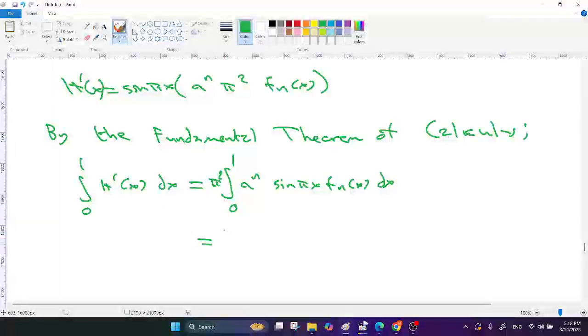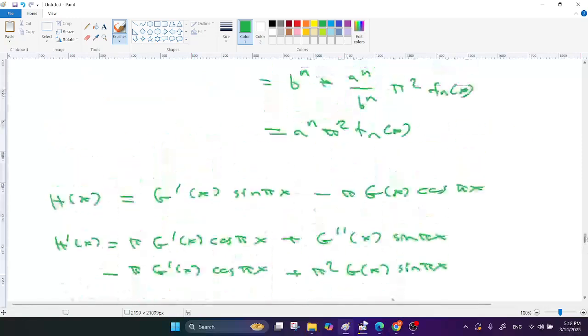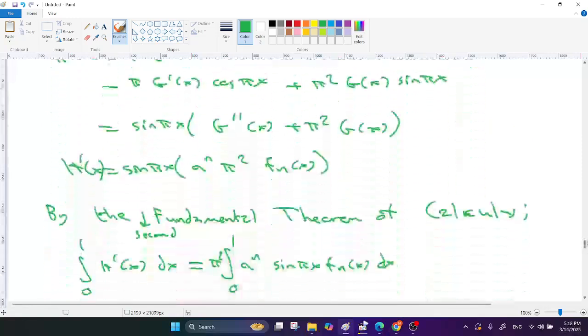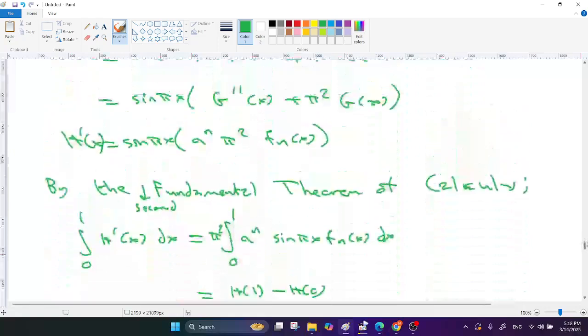Now apply the second fundamental theorem of calculus. You will get h(1) minus h(0), because it's the integral of h'(x) from 0 to 1. The integral of the derivative is h(1) minus h(0). And we can apply it here because h'(x) is continuous.